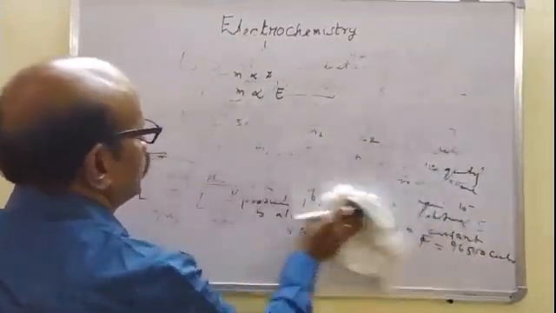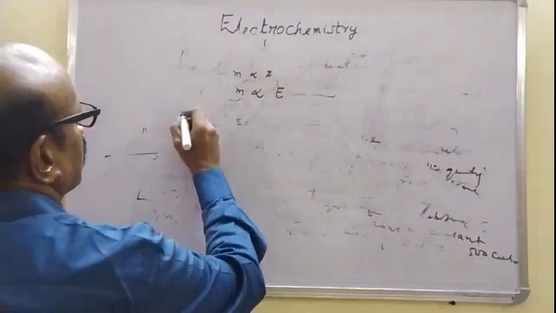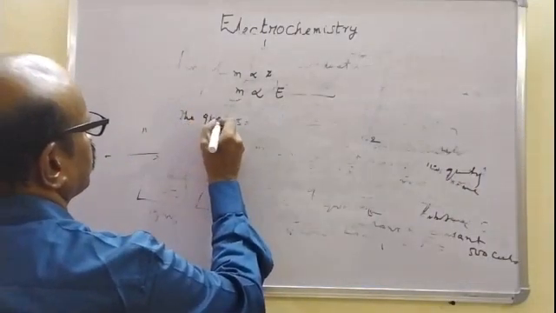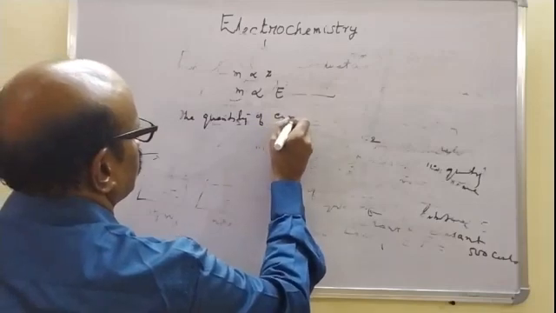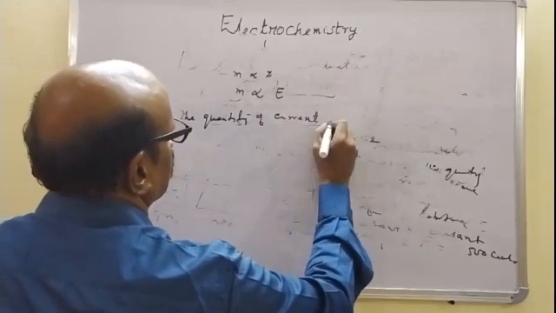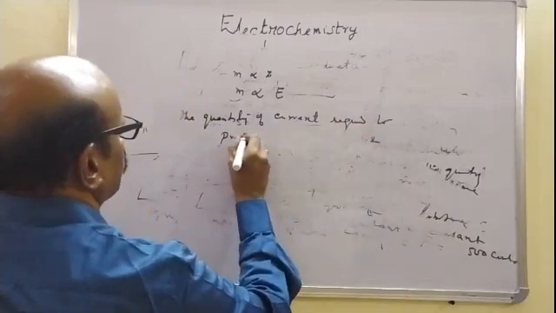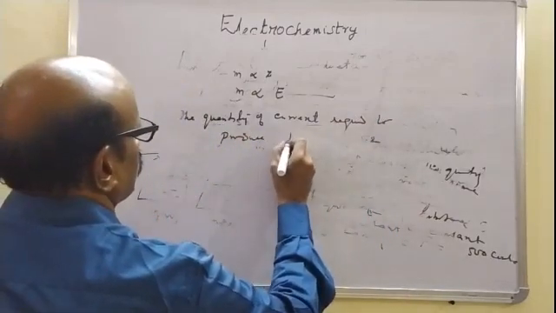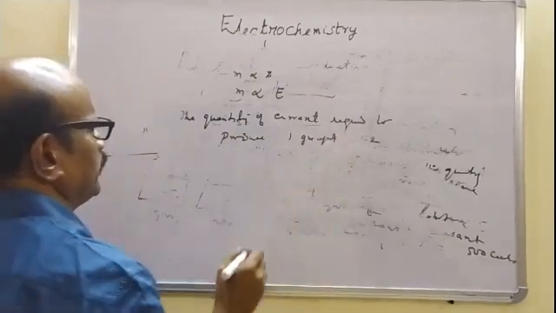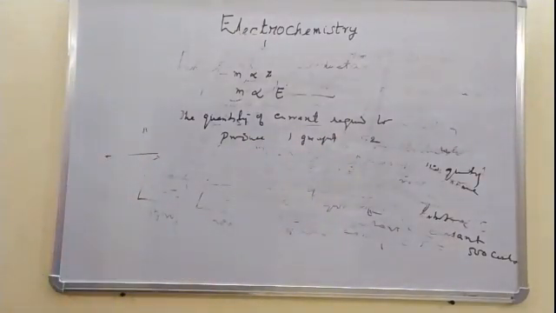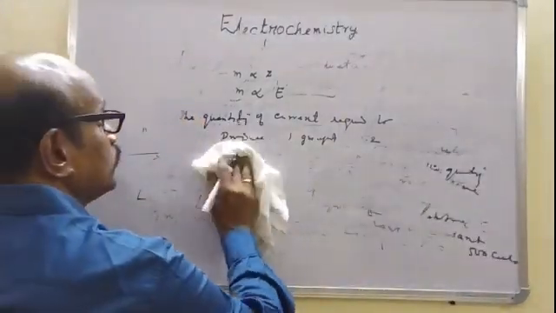The quantity of current required to produce 1 gram equivalent, 1 electrochemical equivalent, now you have to remember that.